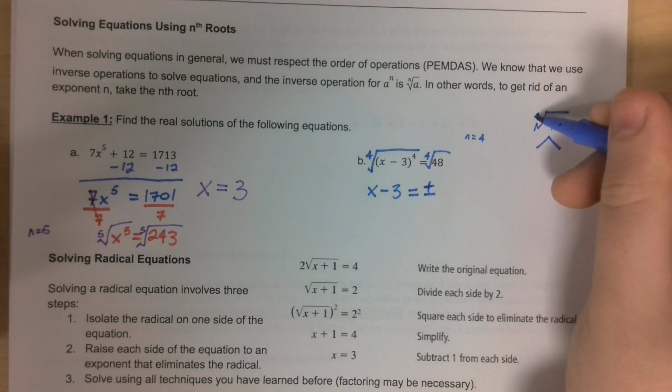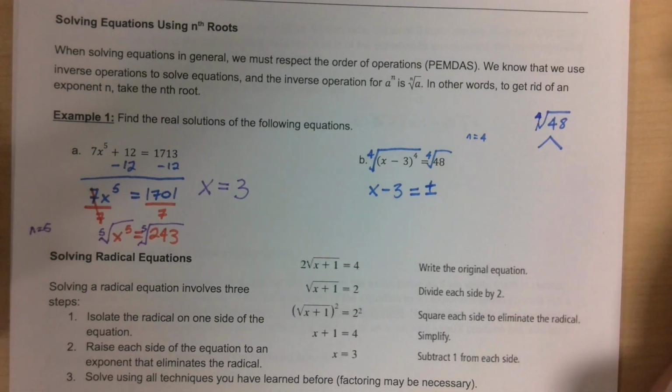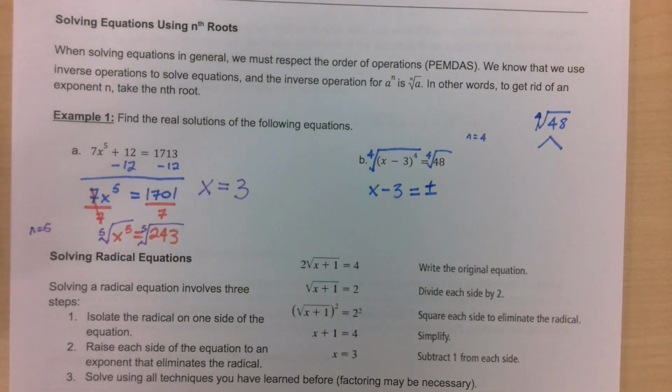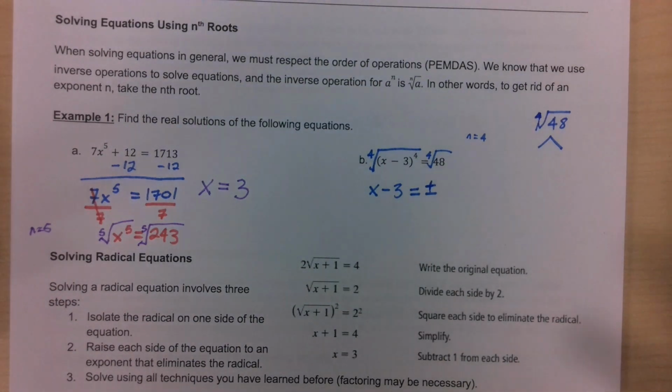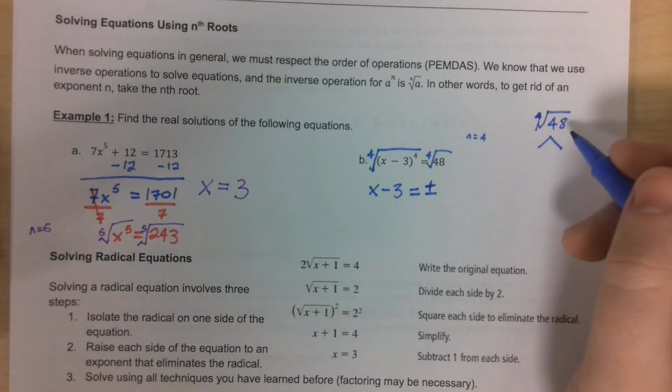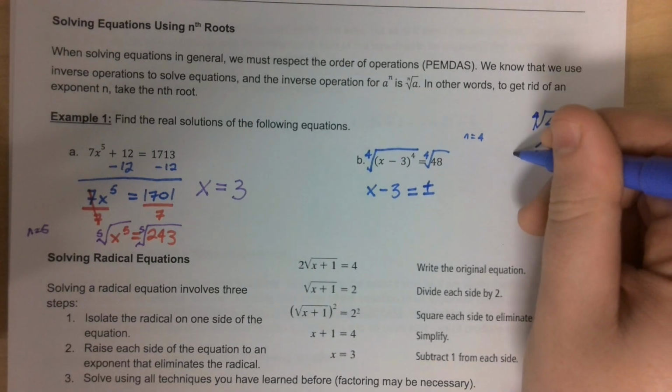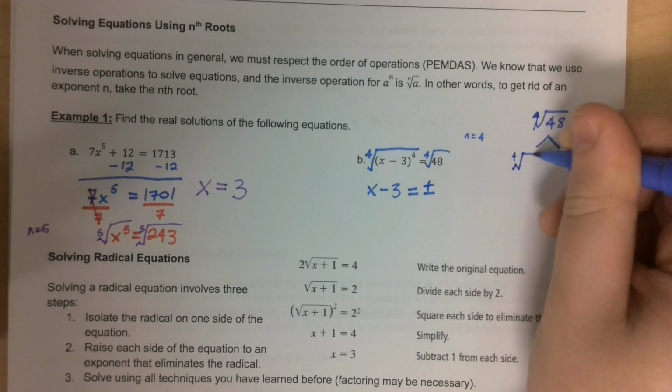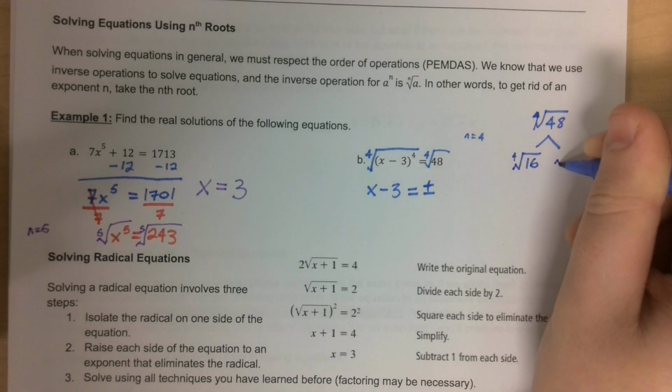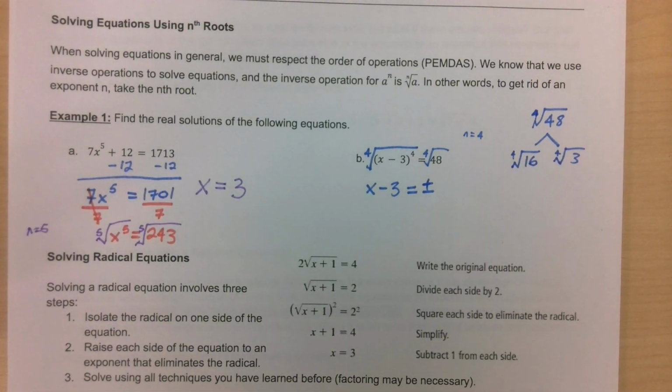In this case, some perfect fourth roots are 16, the fourth root of 16 is 2. The fourth root of 81 is 3, but since 81 is a little bit too high, we know that we can decompose this into 16 and 3, because 16 times 3 is 48.